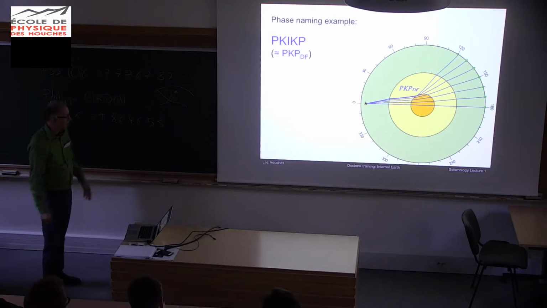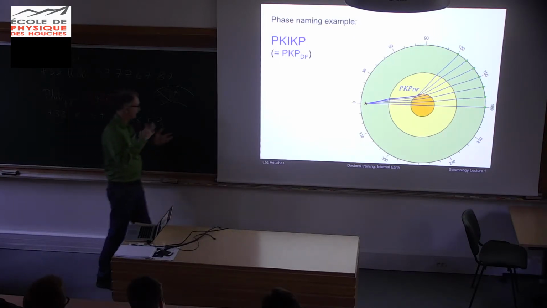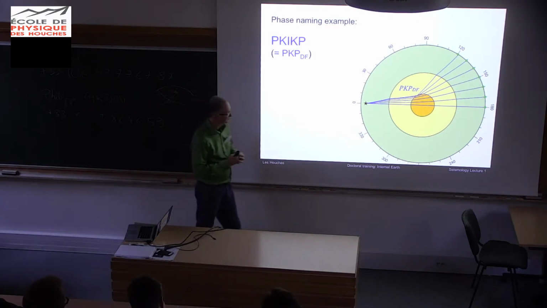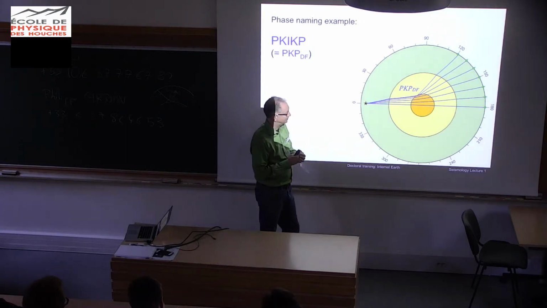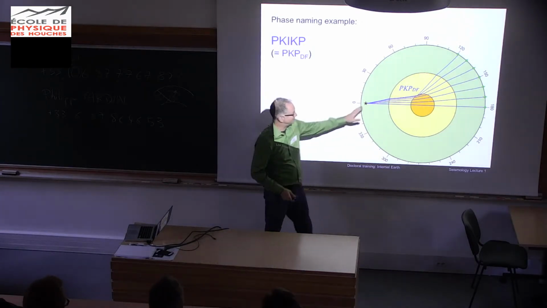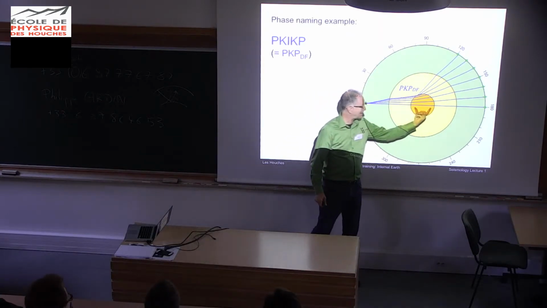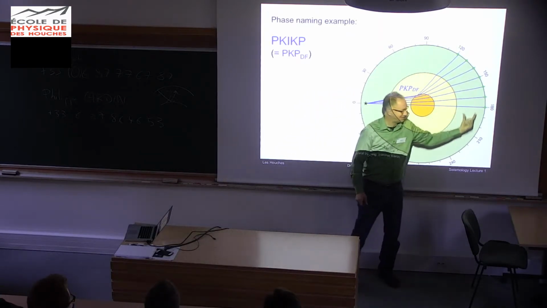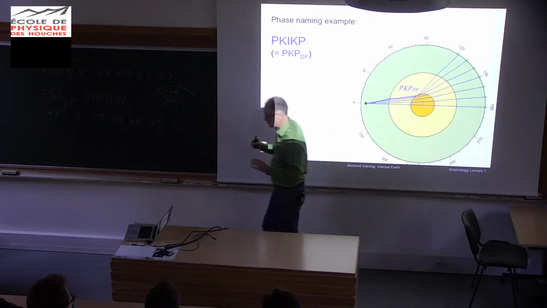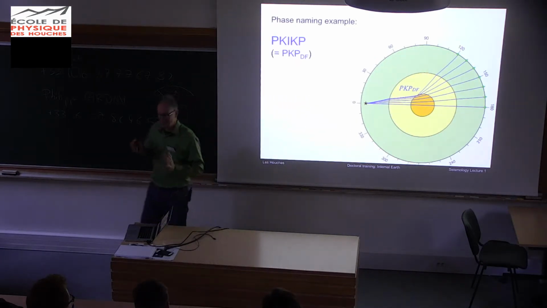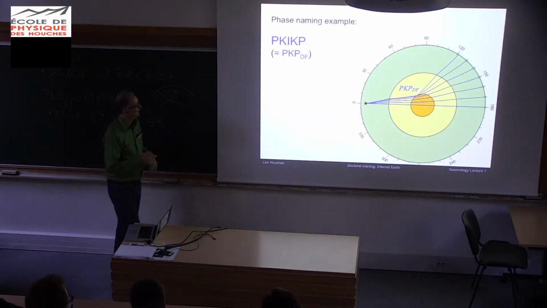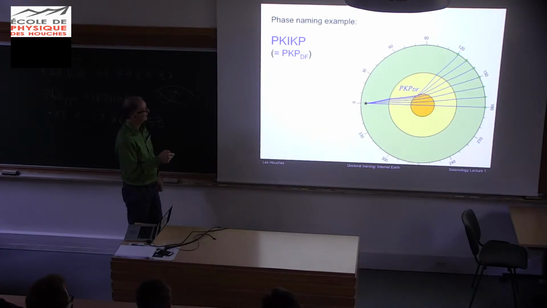Or if you're studying the inner core, heterogeneity, anisotropy, inner core, whatever, then you have to get into this. Really, it's P, K, capital I, K, P. Now these are the inner core waves, and for historical reasons, PK big I KP has just been given PKP.